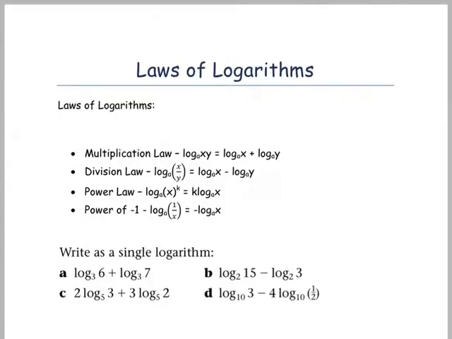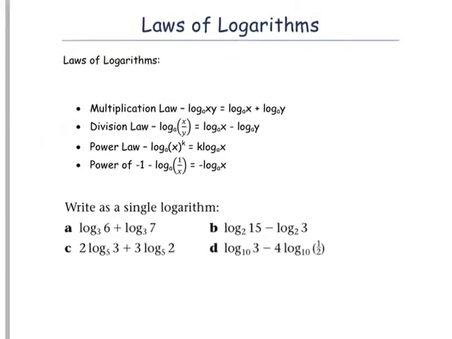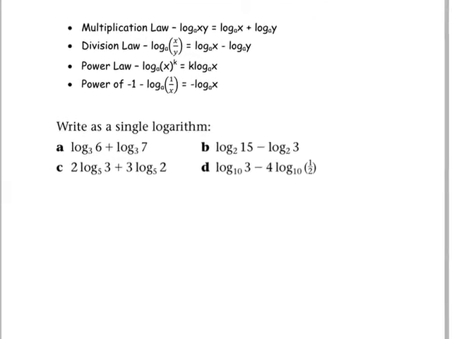Now let's try and use these few laws on these 4 questions below. We're not asked to solve them, we're just asked to write all of these as one single logarithm. So the first one, remember the key thing to identify in every question when looking at logarithms is to check that you've got the same base in all of your logarithms.